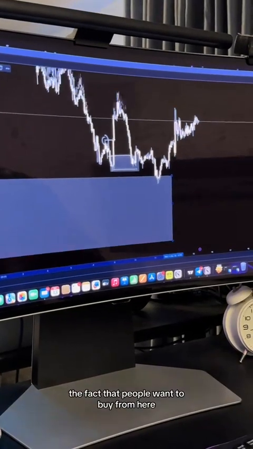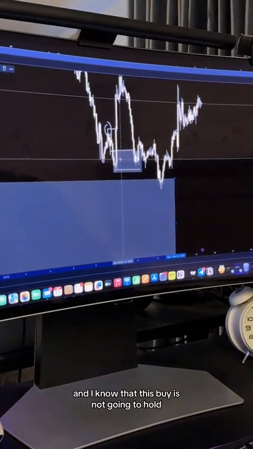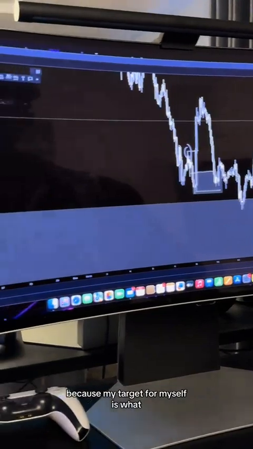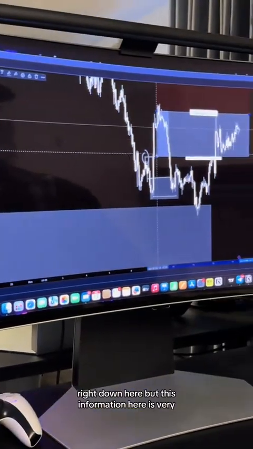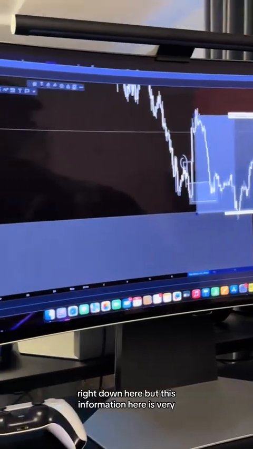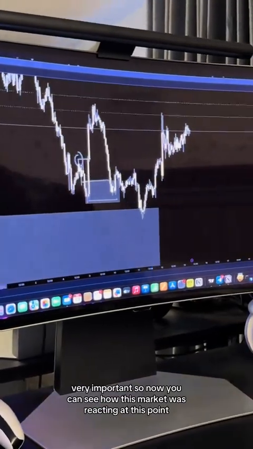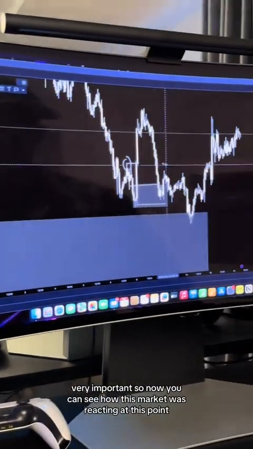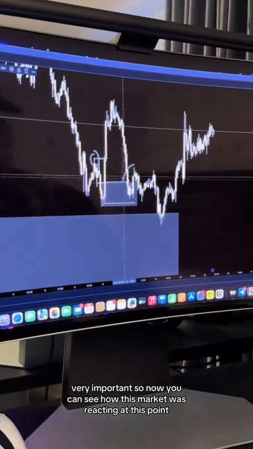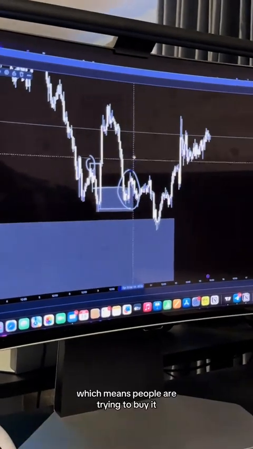The fact that people want to buy from here, and I know that this buy is not going to hold because my target for my sell is what? Right down here. But this information here is very, very important. So now you can see how this market was reacting at this point, which means people are trying to buy it.